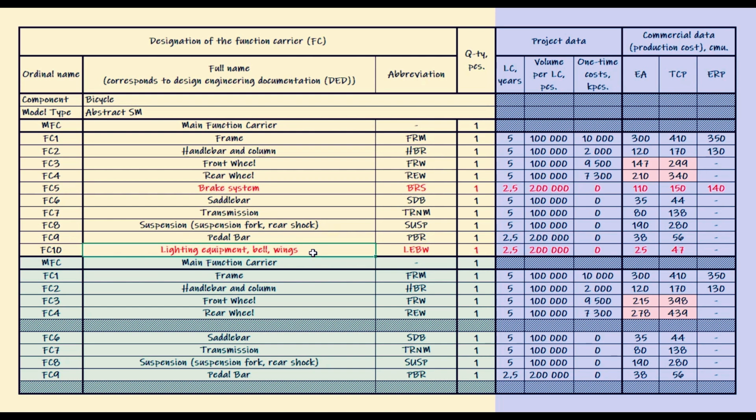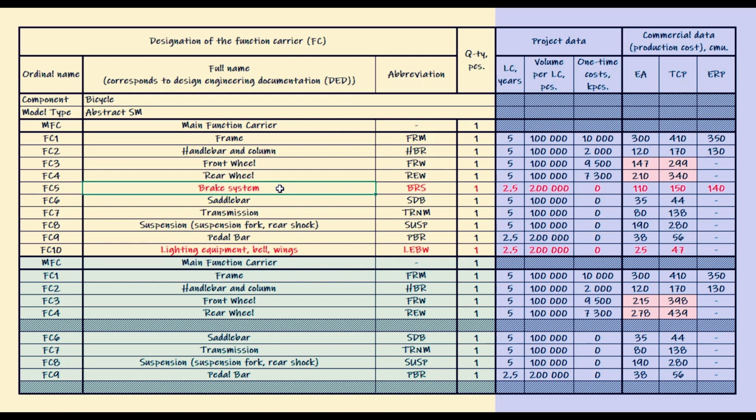Moreover, as physical carriers, they can be distributed fairly evenly among the other carriers of function. In particular, the brake system consists of 2 control mechanisms and 2 calipers, easily distributed between 2 wheels.